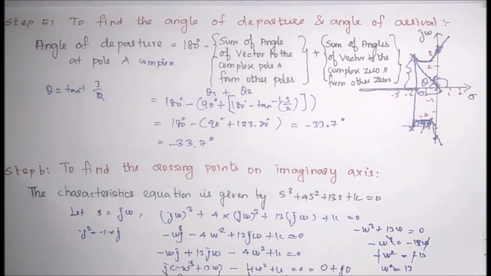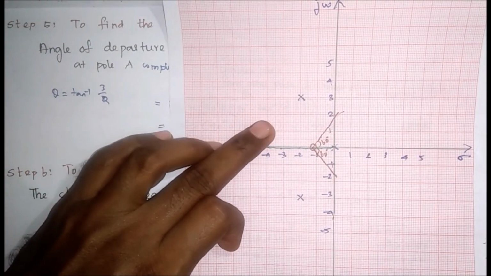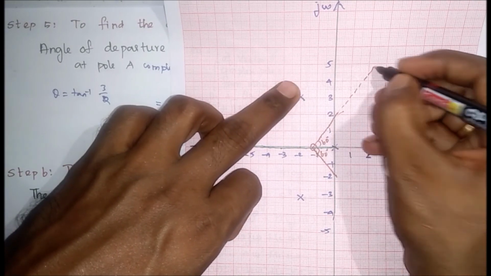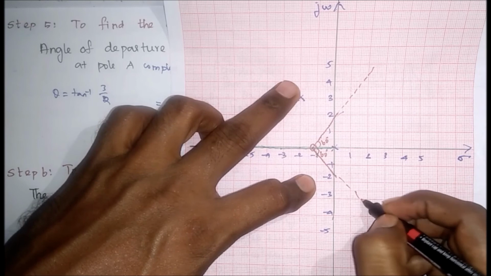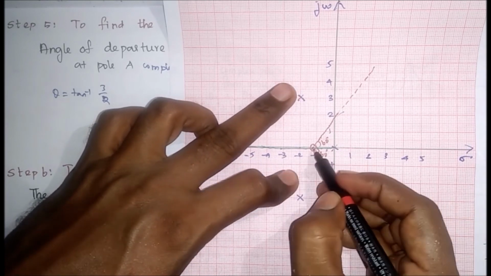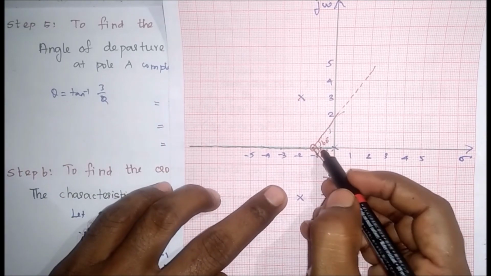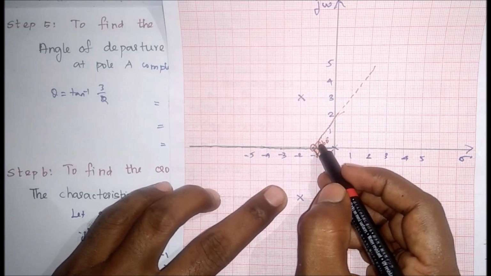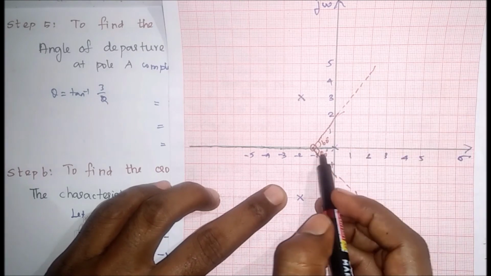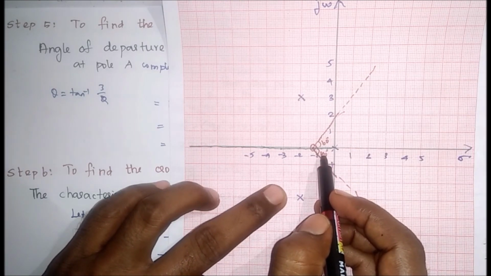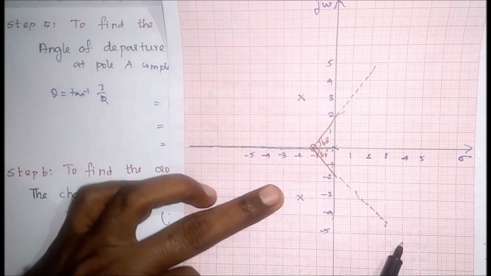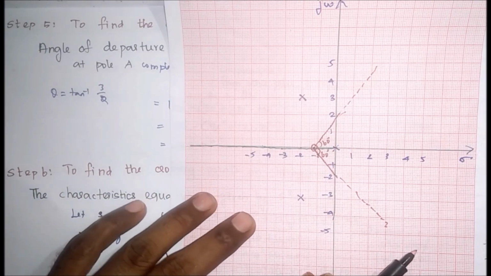Now we are going to construct the root locus on the graph sheet. This is the asymptote. This is also the asymptote. Actually this is the centroid point. From this point on the negative real axis, we have to take positive 6 and mark this asymptote. Then we take the angle of asymptote, minus 60, and mark the dotted line using a scale.